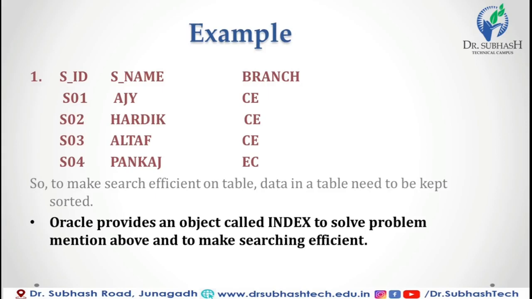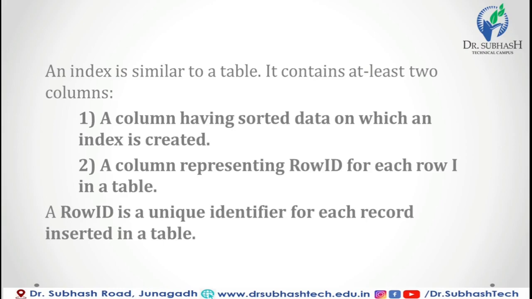So to make a search efficient in the table, data needs to be kept in sorted order. For this purpose, Oracle provides an object called an index to solve the searching problem I mentioned. An index is similar to a table. It contains at least two columns. Consider the index in DBMS as another table. In the index table there are two columns.